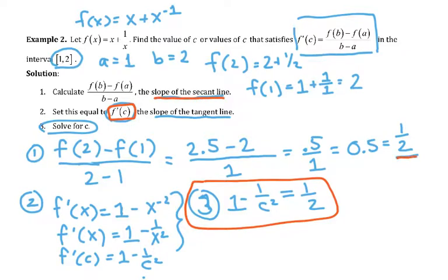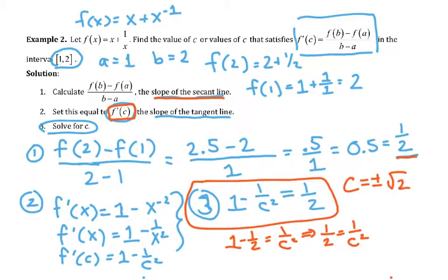So how do we solve for c? Well, I would do this. I'm going to get c on one side and the numbers on the other to start with. So this would be 1 minus 1/2 equals 1 over c squared. In other words, 1/2 equals 1 over c squared. So c equals plus or minus the square root of 2.